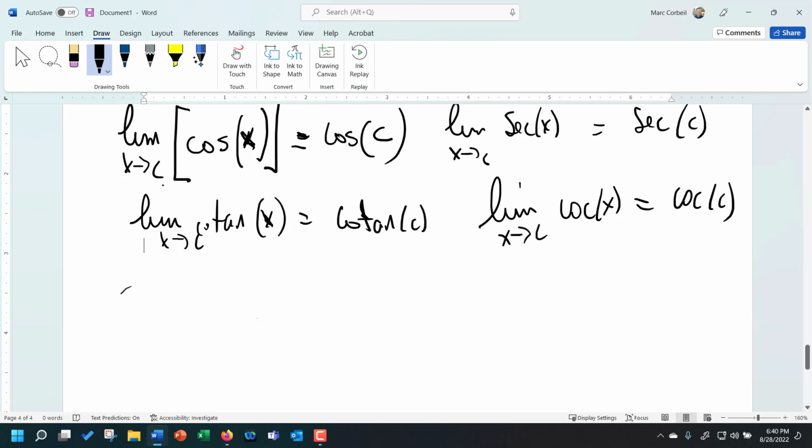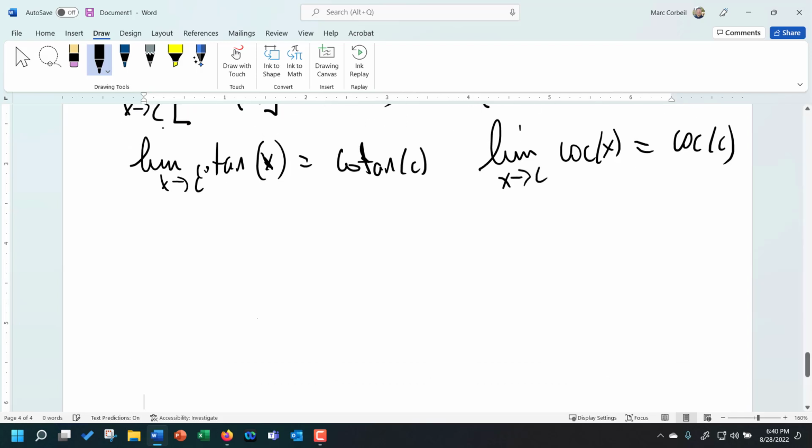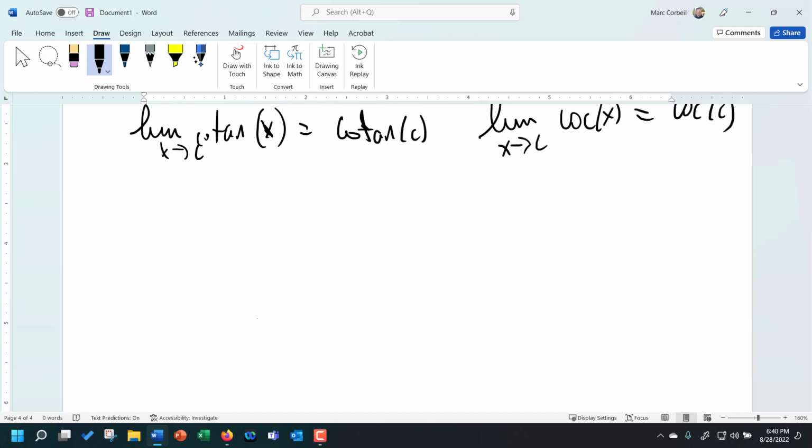One of the strengths now is we've got all those basic theorems, so we're going to do some slightly different problems. Let's do a limit like this, and occasionally we need to do this.